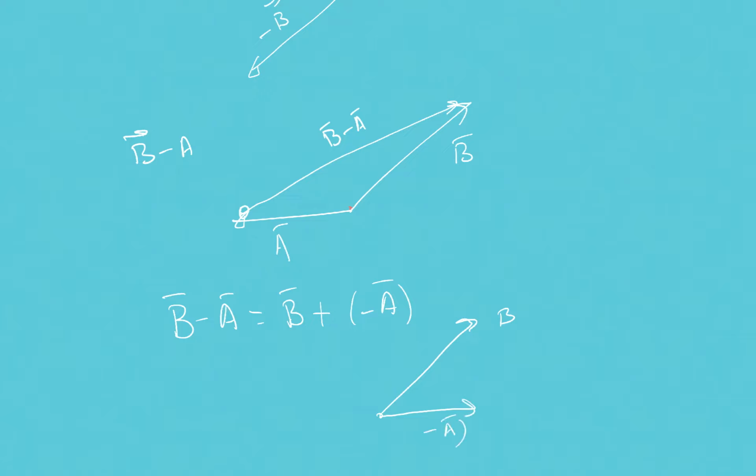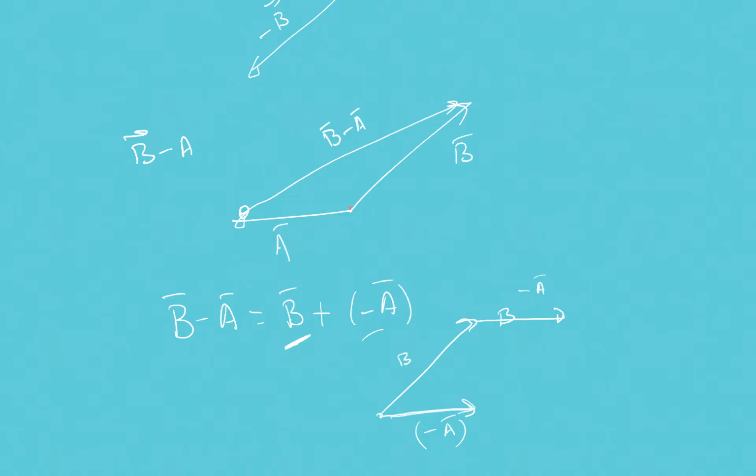And now I have to sum the B with the minus A. How do I sum? Well, you cannot sum like this. You have to take the vector minus A and put it on the head of B. So this is now minus A, that is the same vector as this.